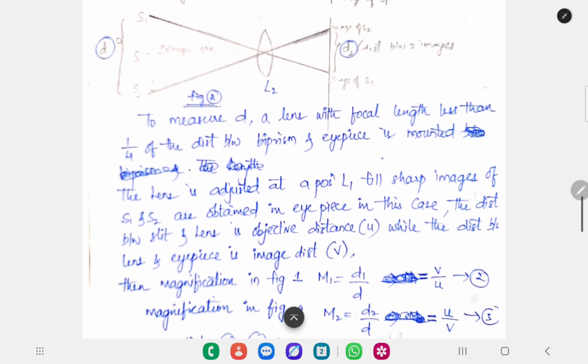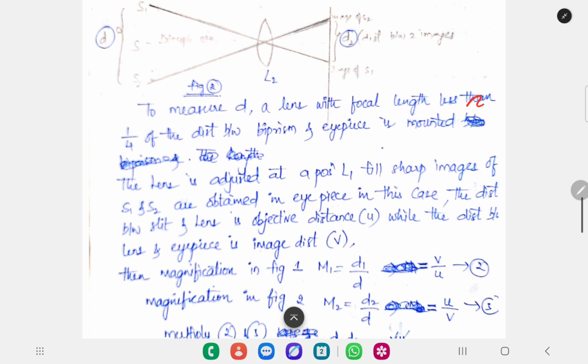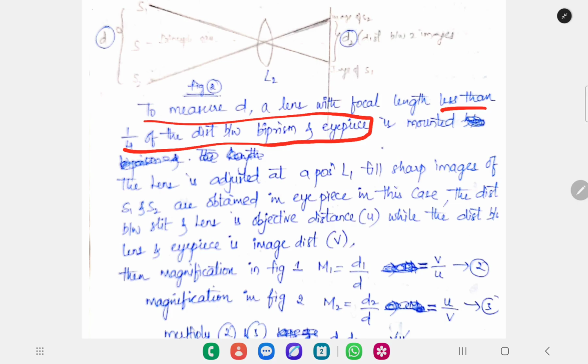So to measure d, we need a lens with focal length less than 1/4 of the distance between biprism and eyepiece. So how much should be the focal length of that lens? The focal length of the lens should be less than 1/4 of the distance between the biprism and eyepiece. The biprism and eyepiece distance must be greater than 4 times the lens focal length.